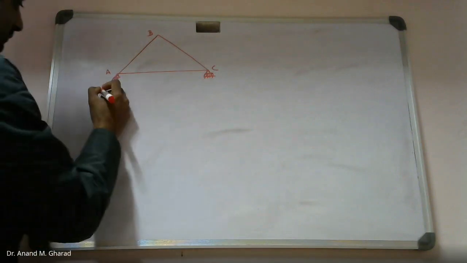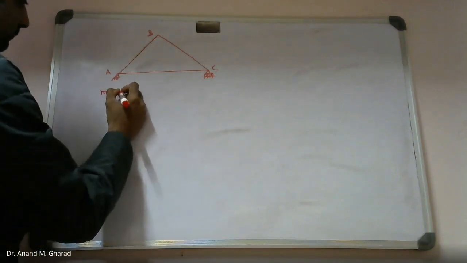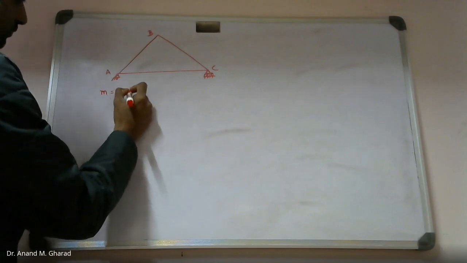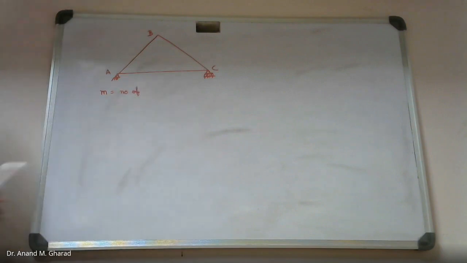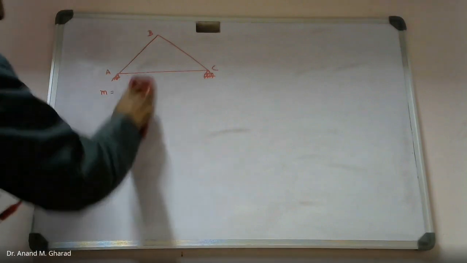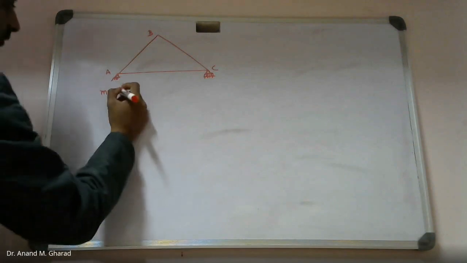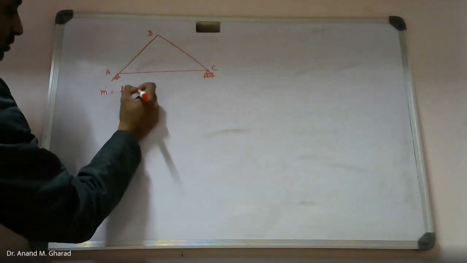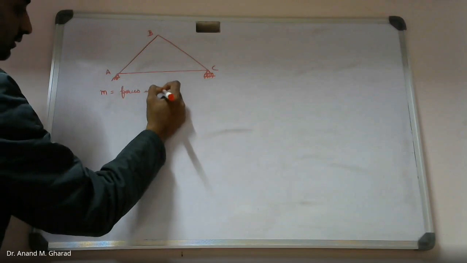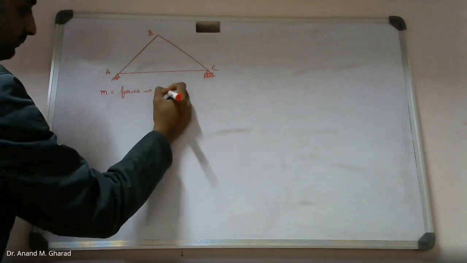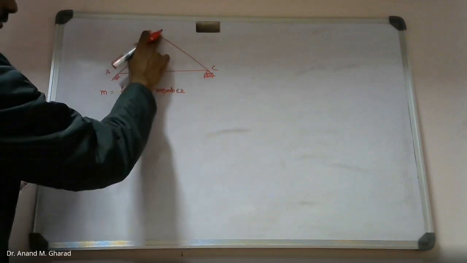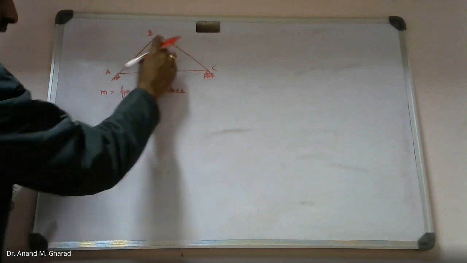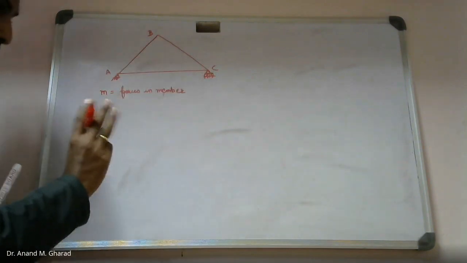Let me call M the number of forces in members. How many members are there? AB, BC, and AC. So in this particular truss, there are a total of three.